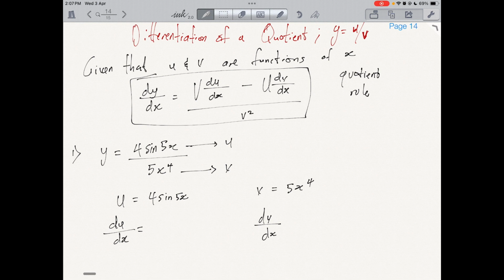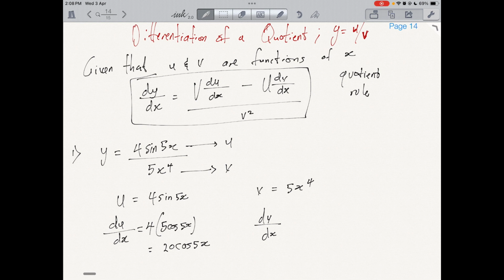Okay, so let's evaluate du/dx now. We know 4 is a constant multiple, and then we have 5 cos 5x when we apply differentiation of sine ax, and this will give us 20 cos 5x.